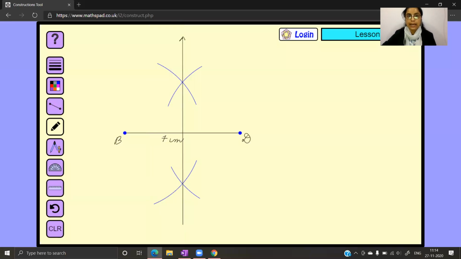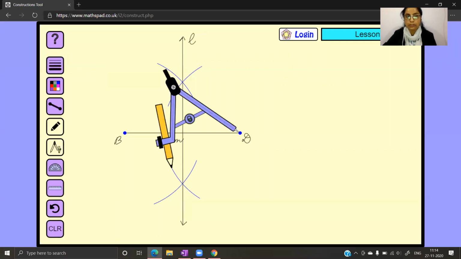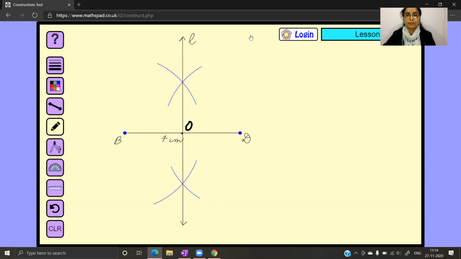And name this line as L. Let the point of intersection be O. That will be the midpoint. Measure the 2 parts. The 2 parts should be equal.